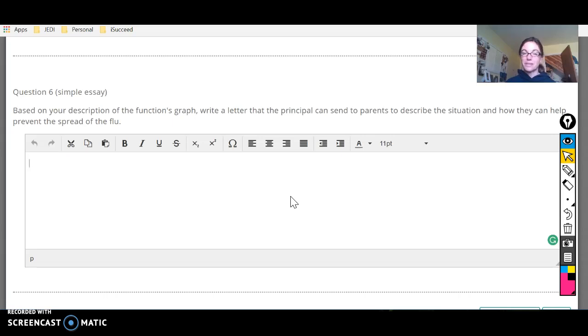I'm not going to type this for you. I think based on the information I've provided, you can get this one, but be sure to include that the spreading of the flu is an exponential function, and parents should take that into account in deciding whether or not to send their kids to school.